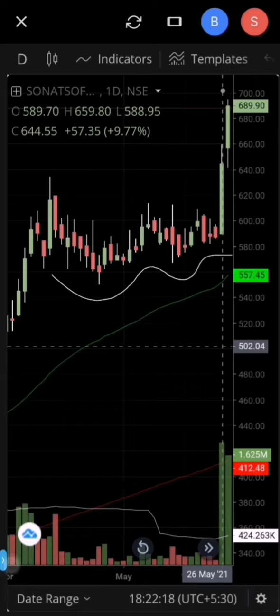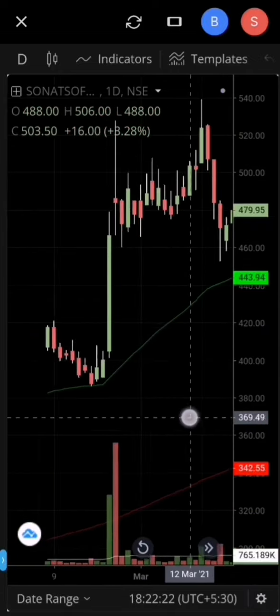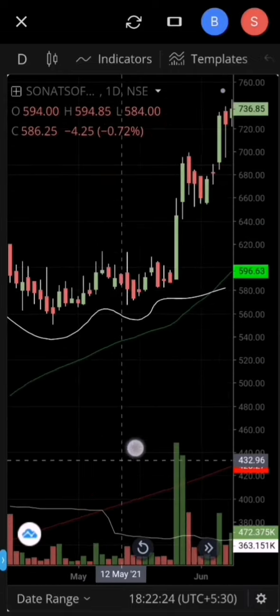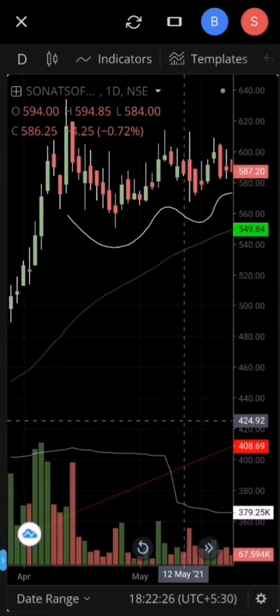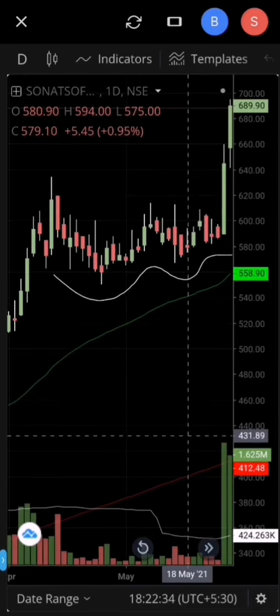This was the consolidation period. The stock was in a strong uptrend. As you can see, the green line, which is the 50-day moving average, and the red line, which is the 20 days moving average, are also trending upwards. That means there was a strong uptrend in this stock.